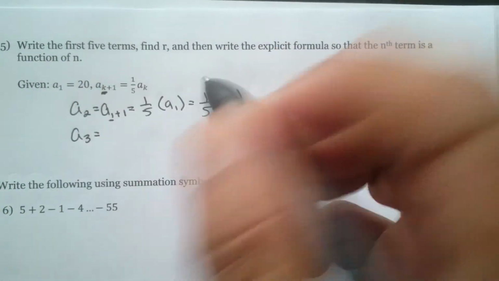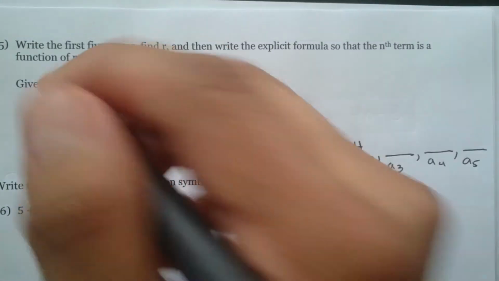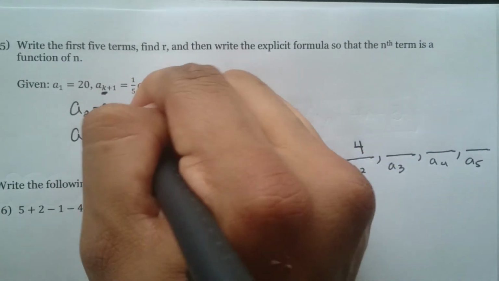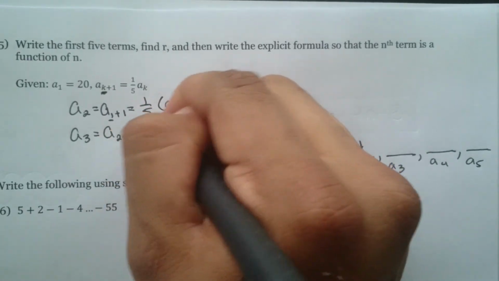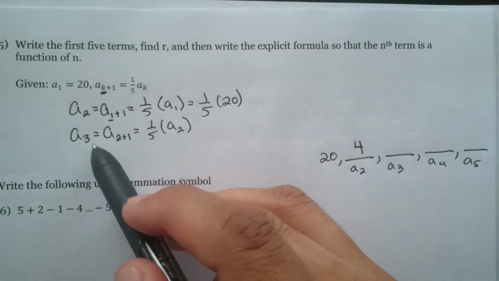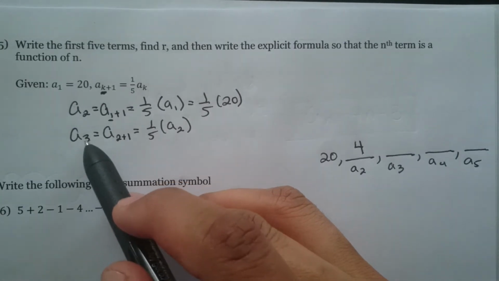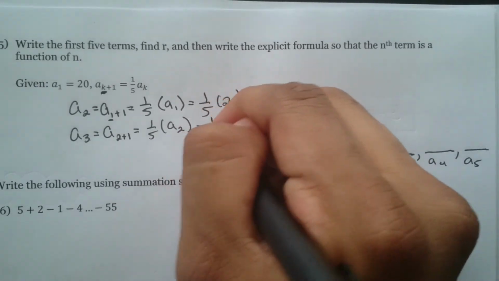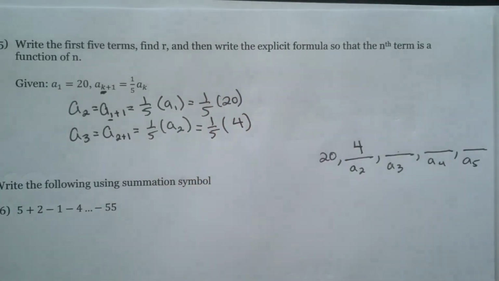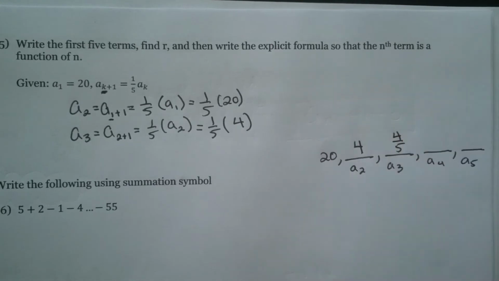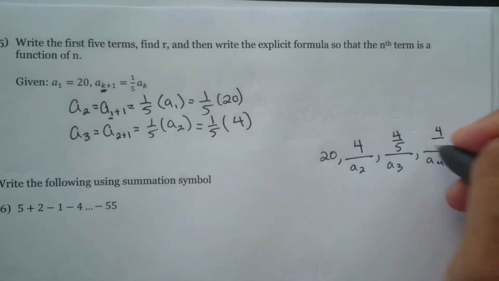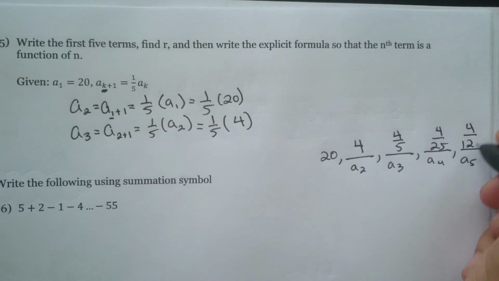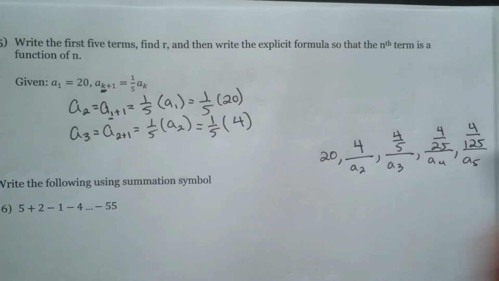The third term. What am I plugging in k for? With 2. You have to plug in 2. Otherwise it won't equal. This subscript has to be the same as this subscript, and I got this subscript because I'm looking for the third term. So I'm doing 1/5 of the second term, which is 4. So the third term is 4/5. Some of y'all realize, oh, you're just dividing by 5, so you're going to get 4/25 and 4/125. But sometimes it's not that easy.